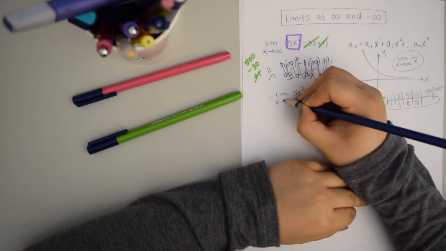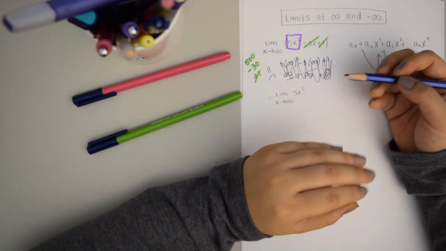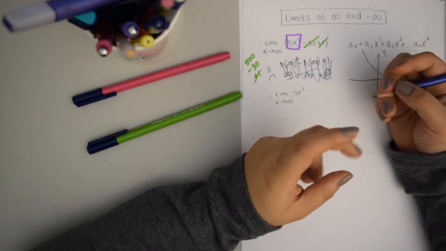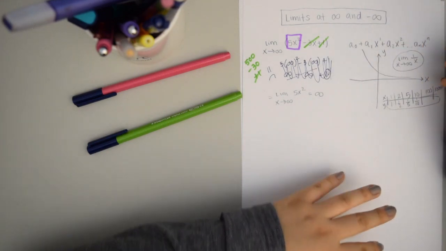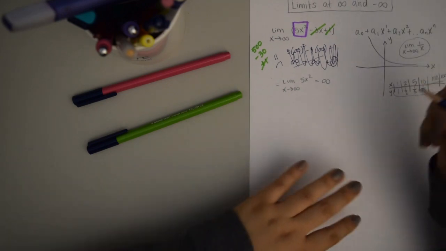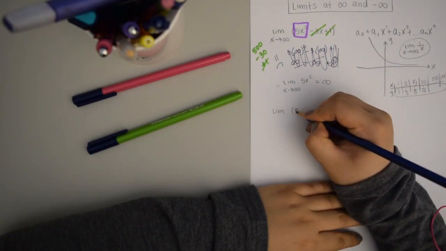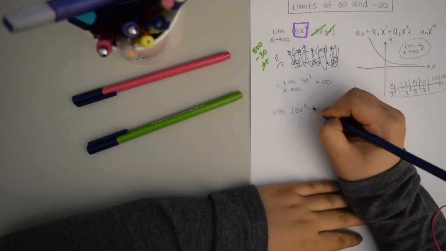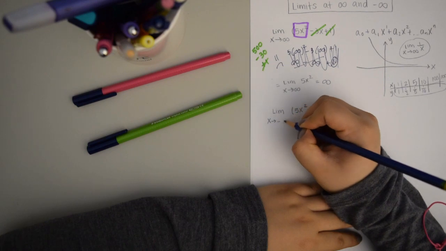Now you can think, okay, a really big number squared is infinitely big, and times 5 is still infinitely big. So this limit is infinity.